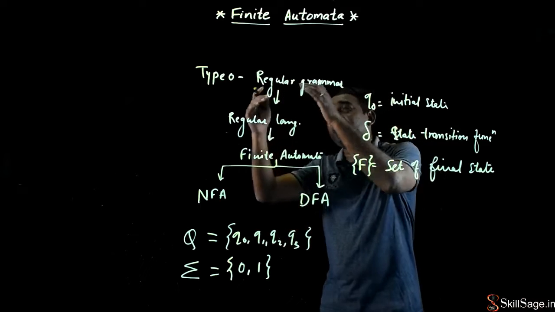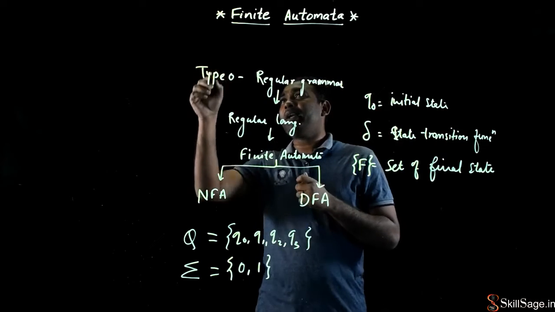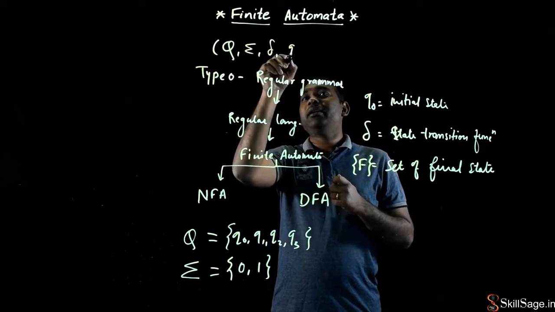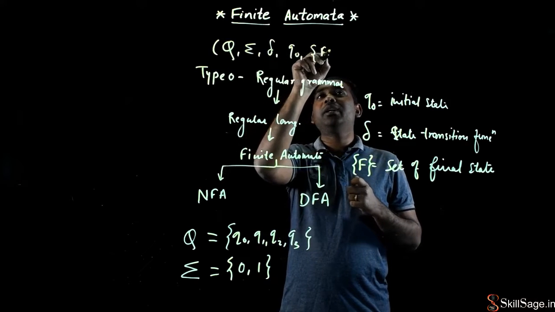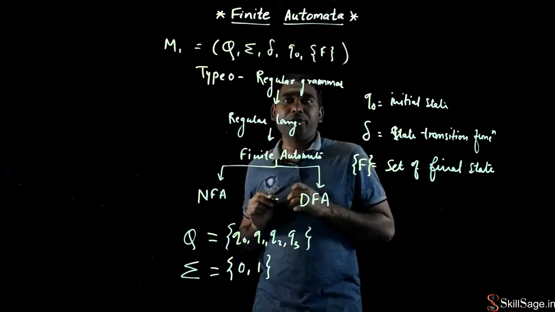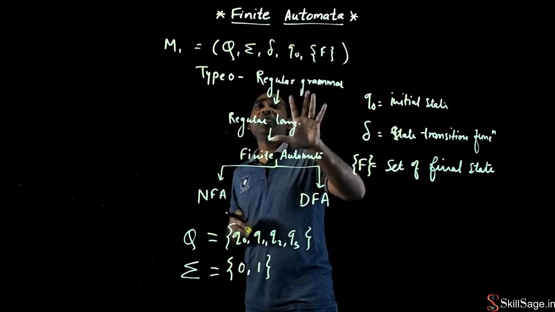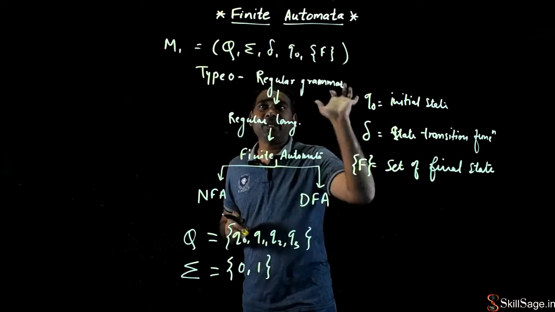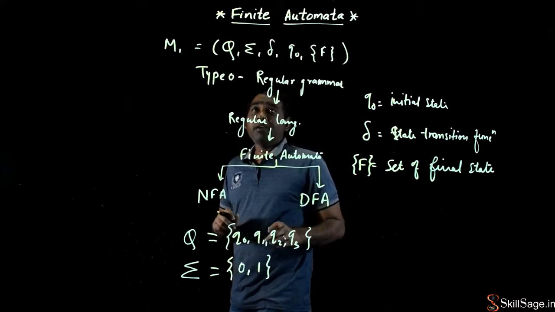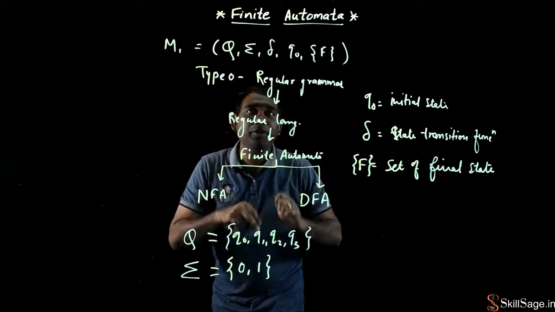Whenever I define a finite automata, it is defined by these 5 tuples: Q, sigma, del, Q0, and this is the set F. This is the mathematical definition of my finite automata. Whenever any finite automata is given, it will be based on these 5 tuples only: Q, sigma, del, Q0 and F.